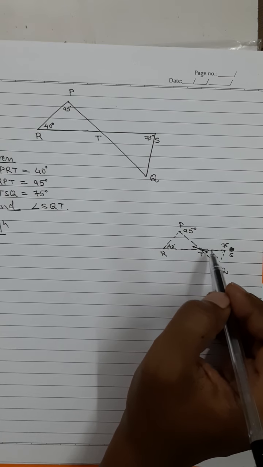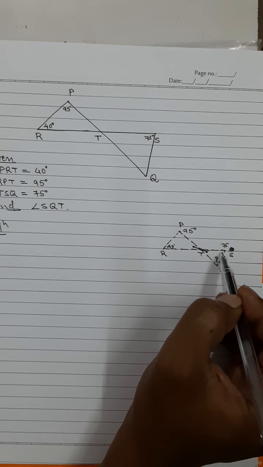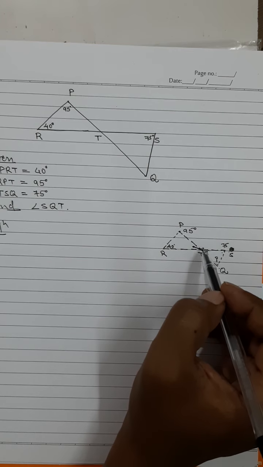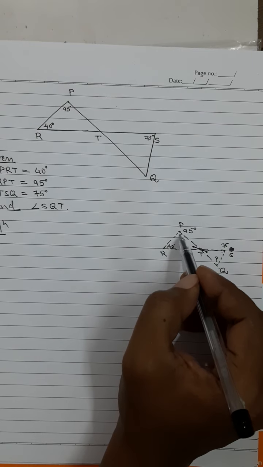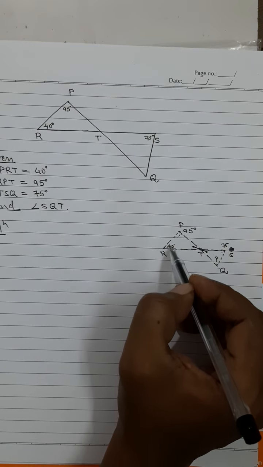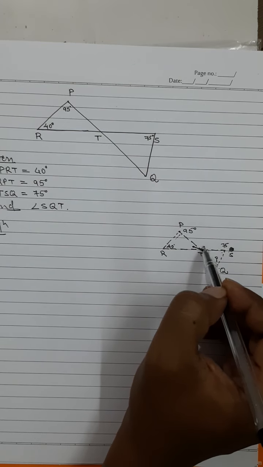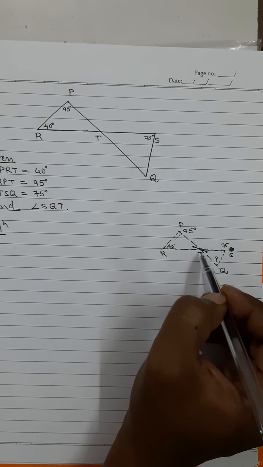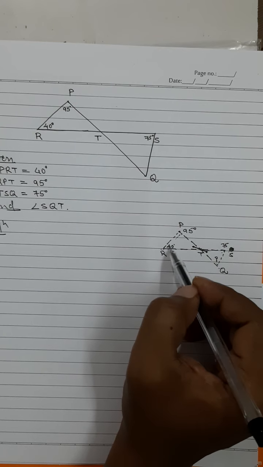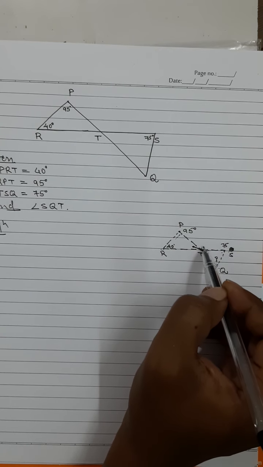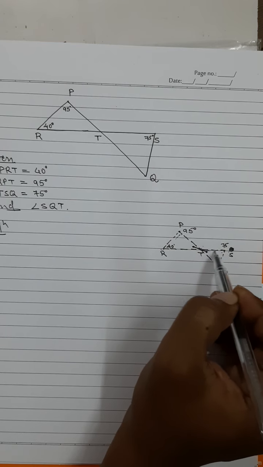Some people may find angle PTS by the exterior angle theorem: it will be equal to the sum of the remote interior angles, angle TPR plus angle TRP, that is 95 plus 40, which will be 135 degrees. Then using angles in linear pair, you can still find angle STQ.